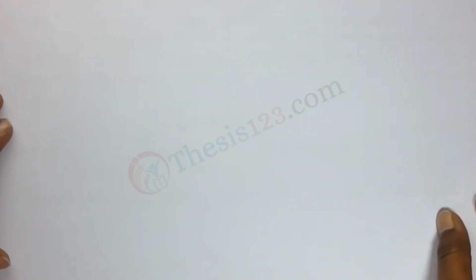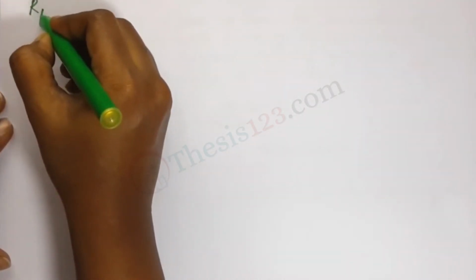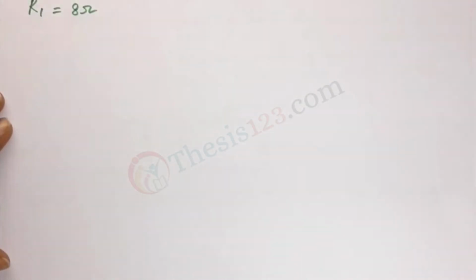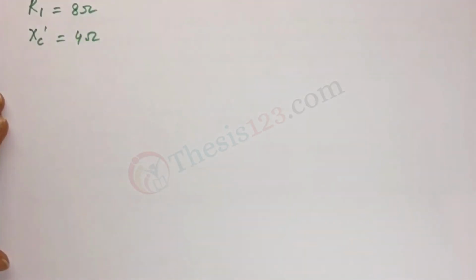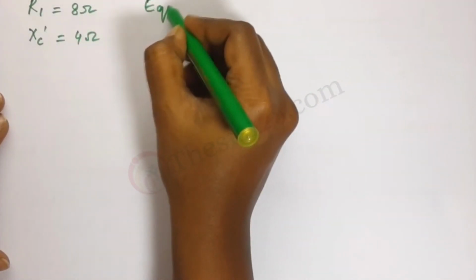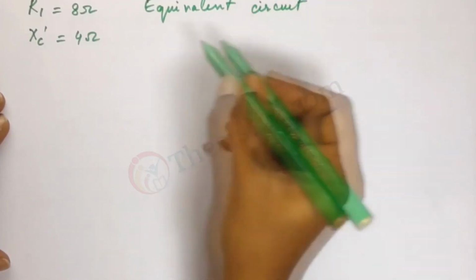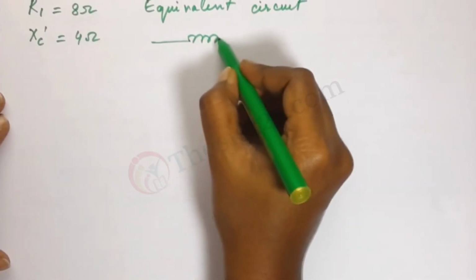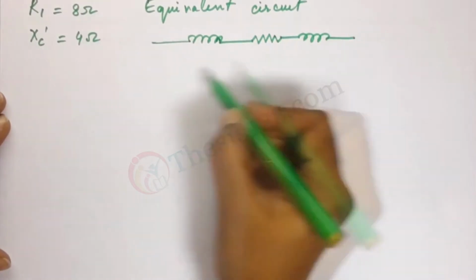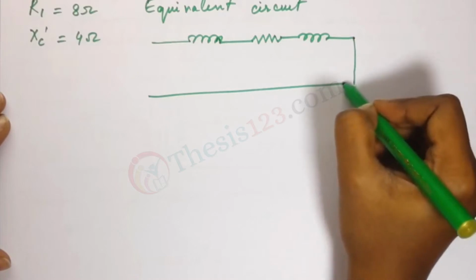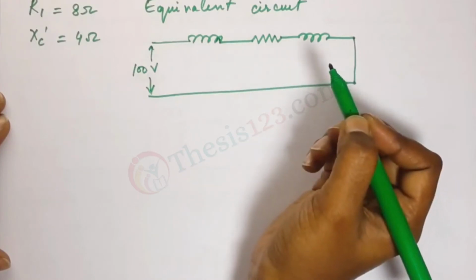Right. Now here are our values. R dash, or R1, we have found to be 8 ohms, and XC dash is 4 ohms. Now we need the equivalent circuit. It can be drawn like this, forgive my drawing, it's a little rough. We have the RMS value given to us as 100 volts.